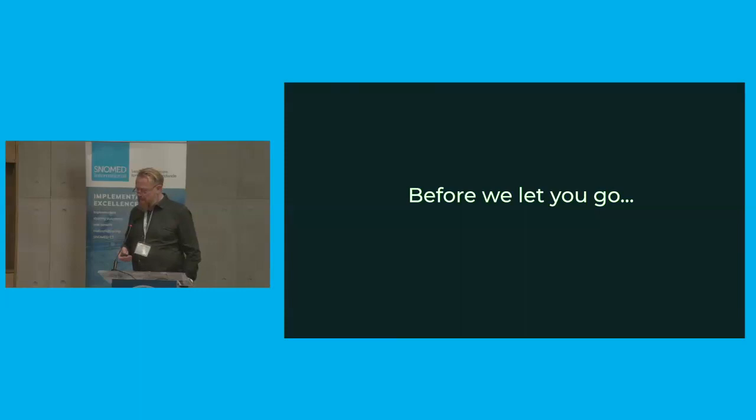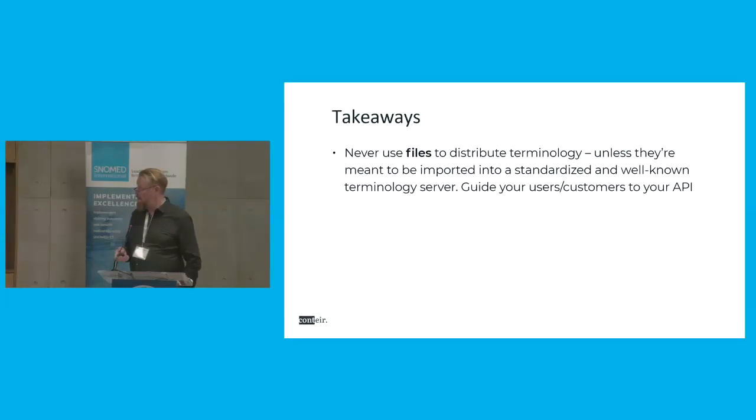So that was pretty much what we had, but before we let you go, we have some takeaways. And this is my opinion, okay? I would say never use files to distribute the terminology. Use an API approach.